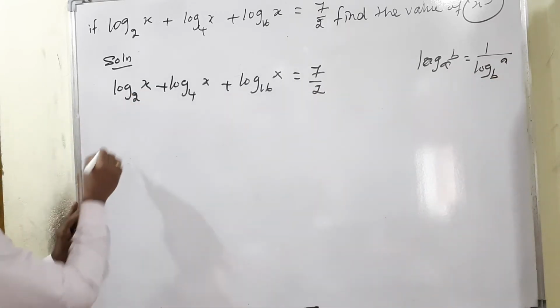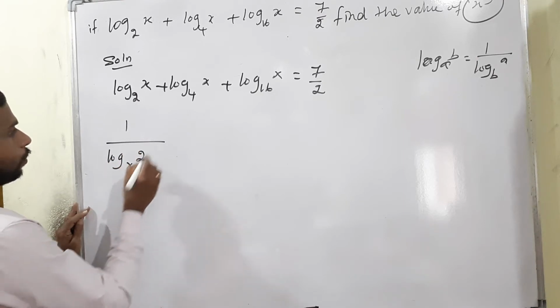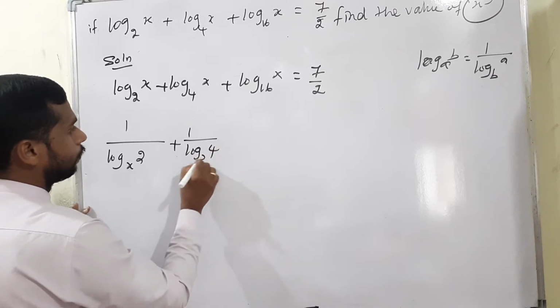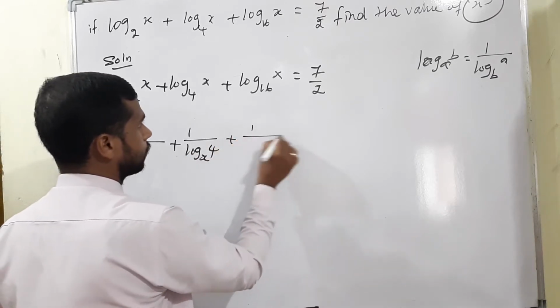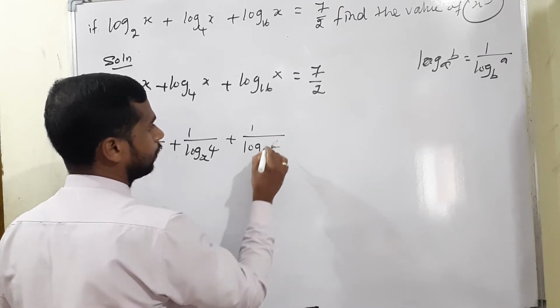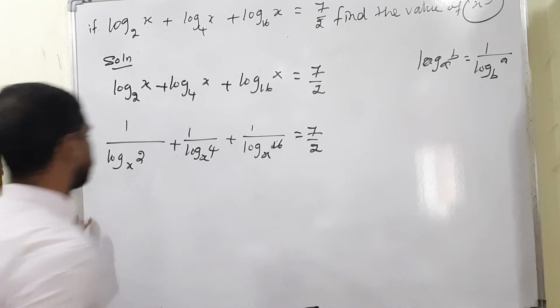What will happen? 1 by log 2 base x plus 1 by log 4 base x plus 1 by log 16 base x is equal to 7 by 2.